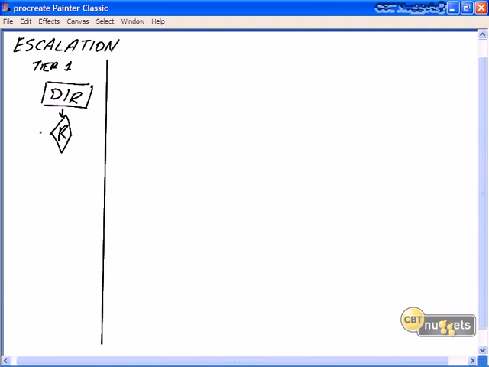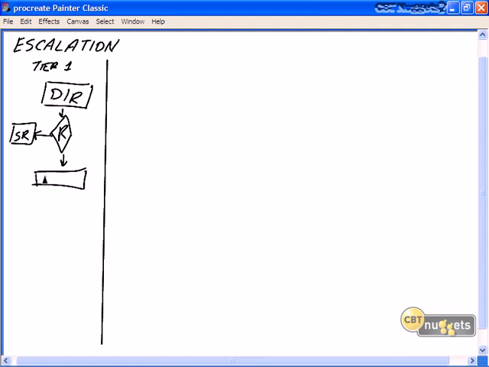Now, if it's a service request, let's say a new employee who needs their account set up and information on how to use their new laptop, that would be a service request. So that's an offshoot to what we call a service request procedure, and I'll put an SR here for service request. If it's a hardware or software issue, it goes to the initial level of support here in T1.